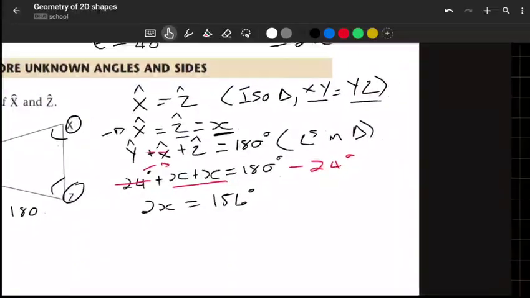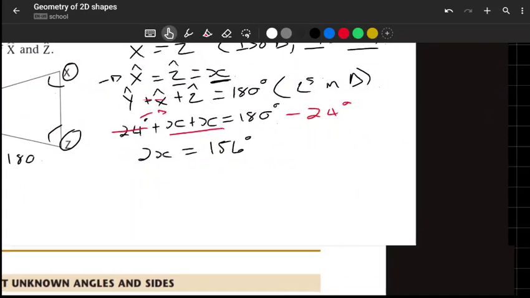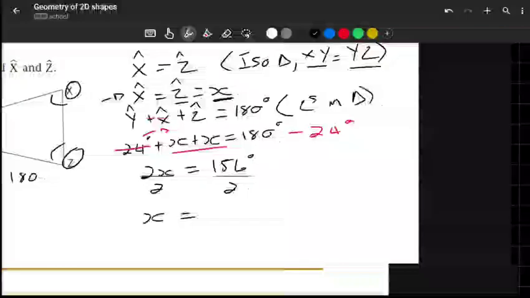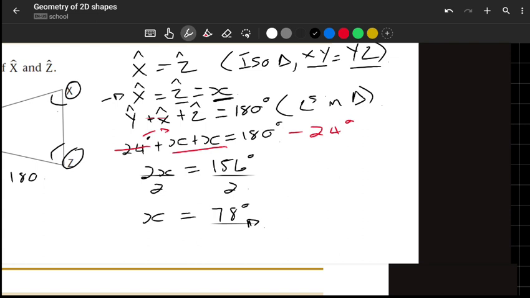Remember what we do, right? If we have 2x or whatever multiplied by x and we want x by itself, we divide by the number next to x, by the coefficient. Then we have x is equal to 78 degrees, right?